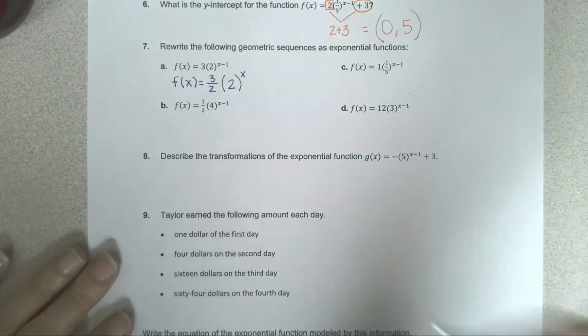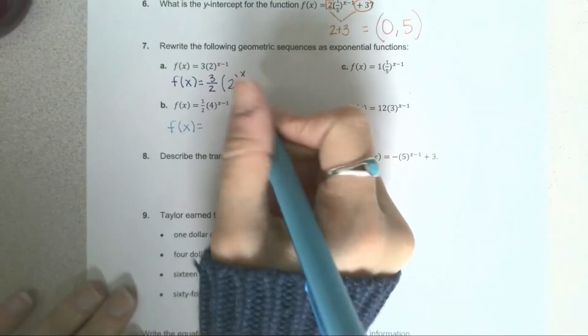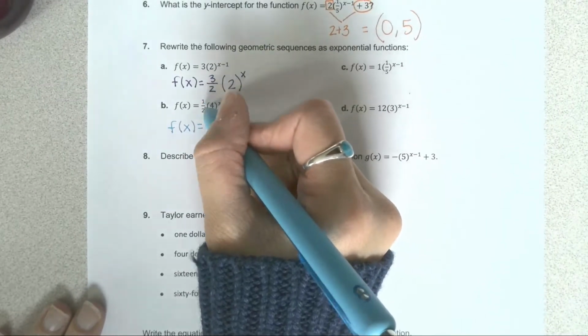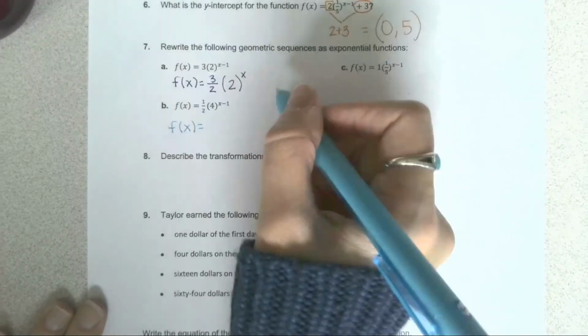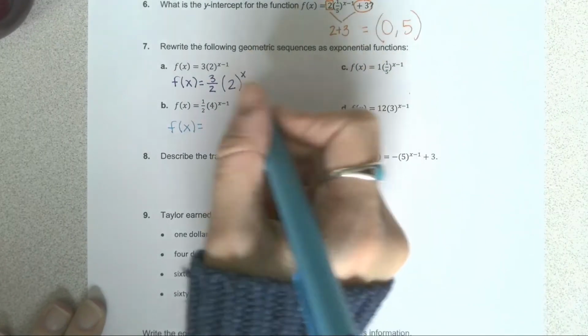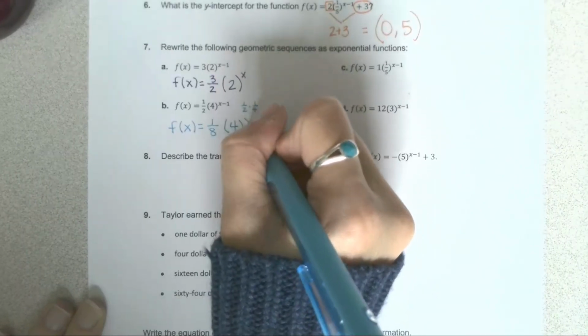So for the second one, f of x equals, now it's first number divided by second number. So 1/2 divided by 4 is the same as saying 1/2 times 1/4, which is going to give us 1/8 times 4 to the x.